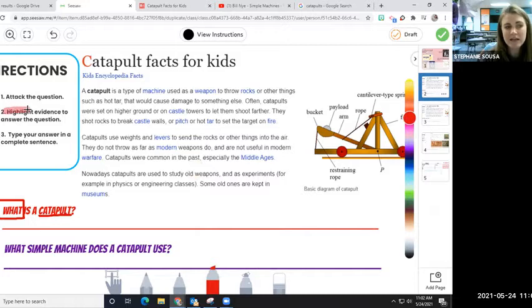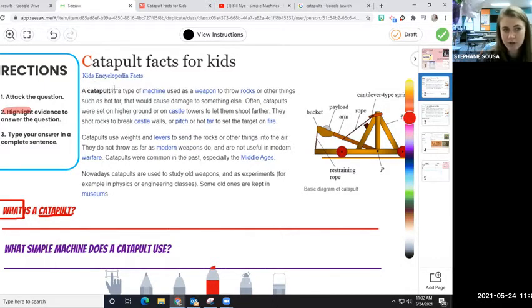Highlight evidence to answer the question. I'm going to change my highlighter to red since this is the red question. I advise you to do the same. A catapult is a, oh my gosh, look at our question. What is a catapult?